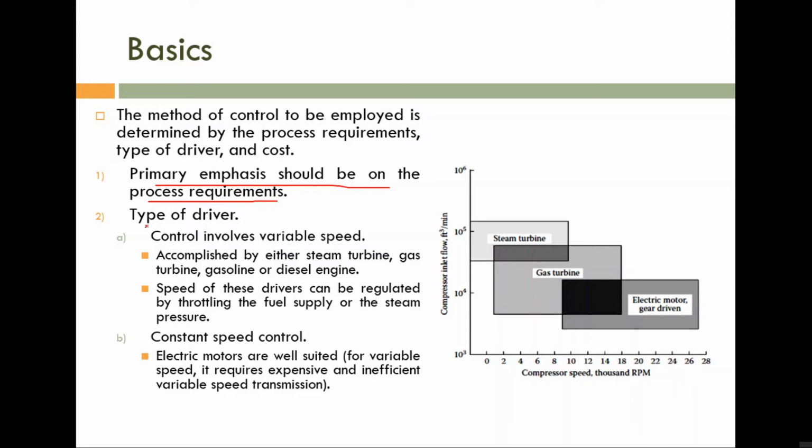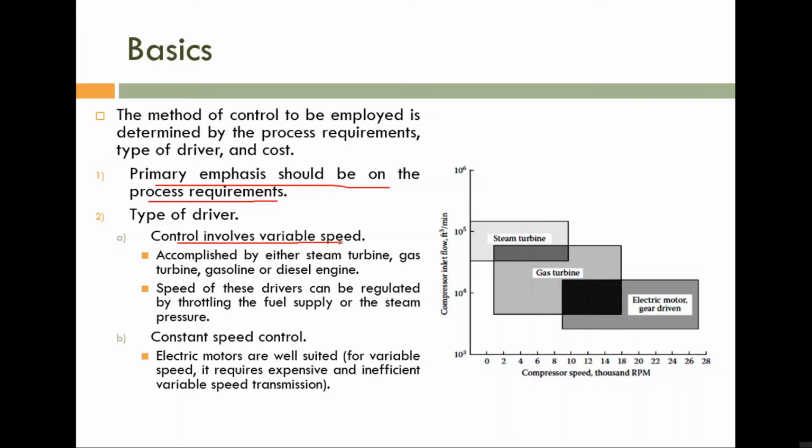Two different types of control can be seen: one is constant speed control, and the second is variable speed control.